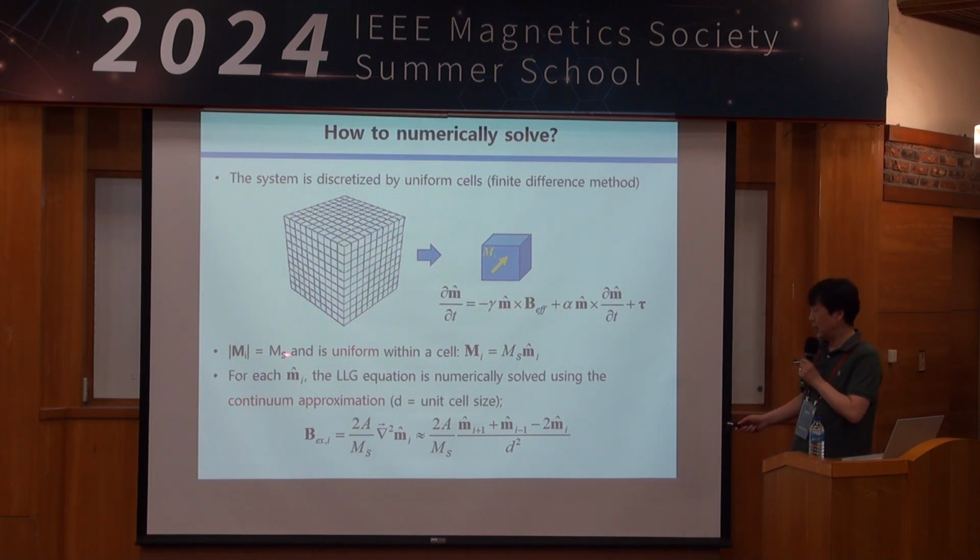One is that your magnetization is uniform within a cell. And the second assumption is that we use the continuum approximation, meaning that this is the continuum version of the exchange field, and that is discretized in this way, where d is the unit cell length.